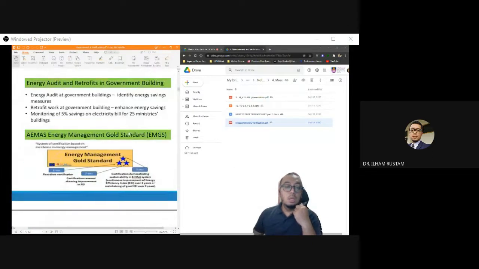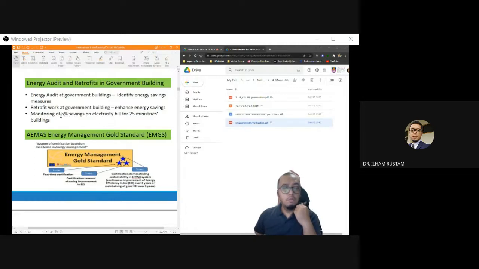Okay, for government buildings, to measure their energy efficiency they also use energy audits and retrofits to make sure energy savings are identified.